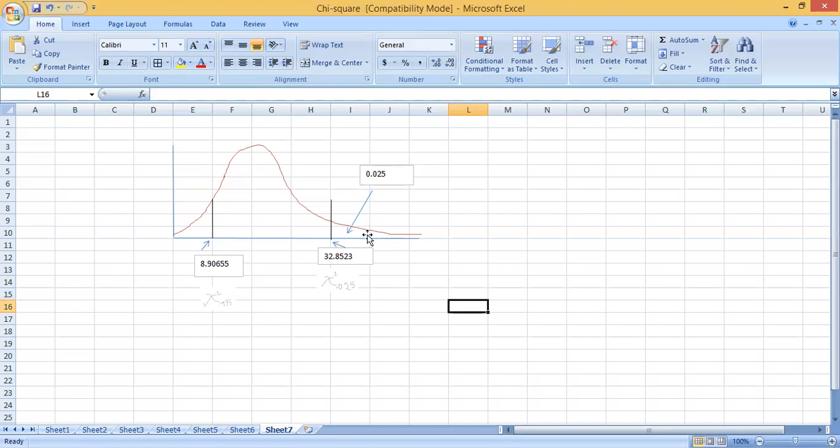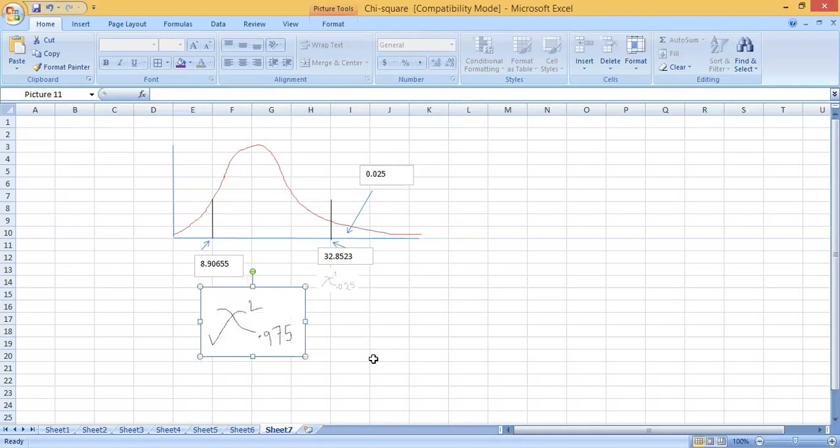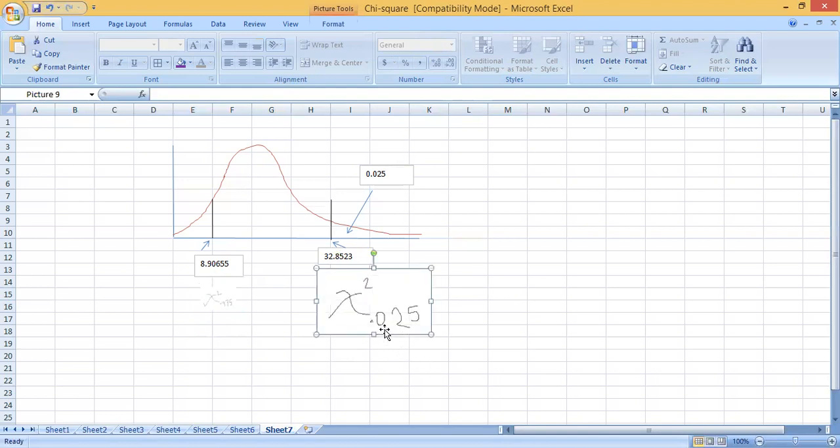In the same way, look at this, chi-square 0.975, and this is the chi-square 0.025.